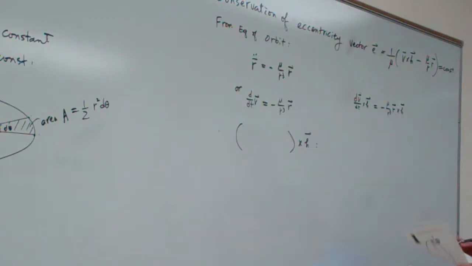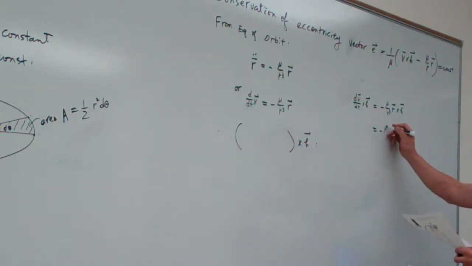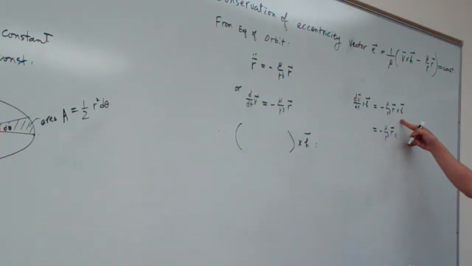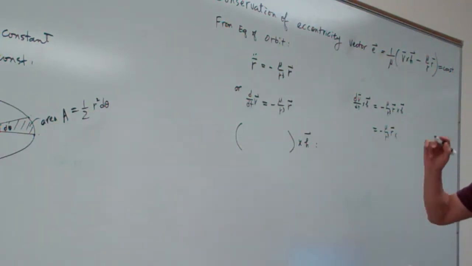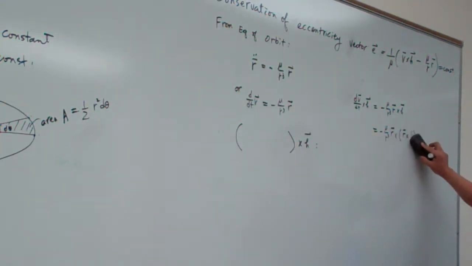Now I'm going to manipulate these terms. For this term, H is what we have obtained as R cross V, so I simply introduce the definition of H here.